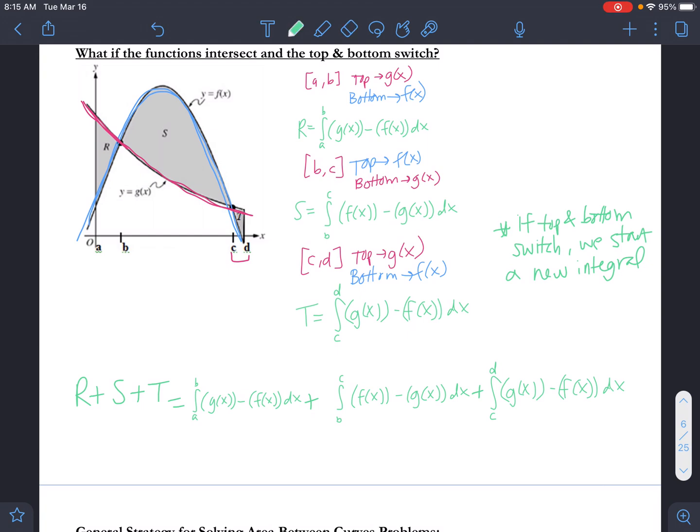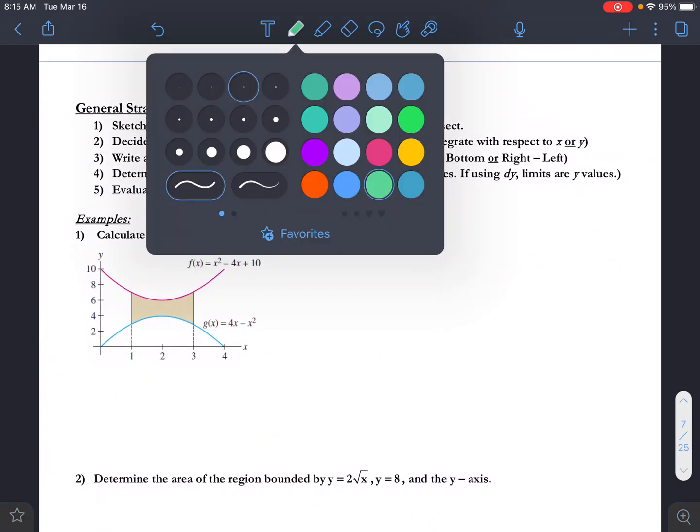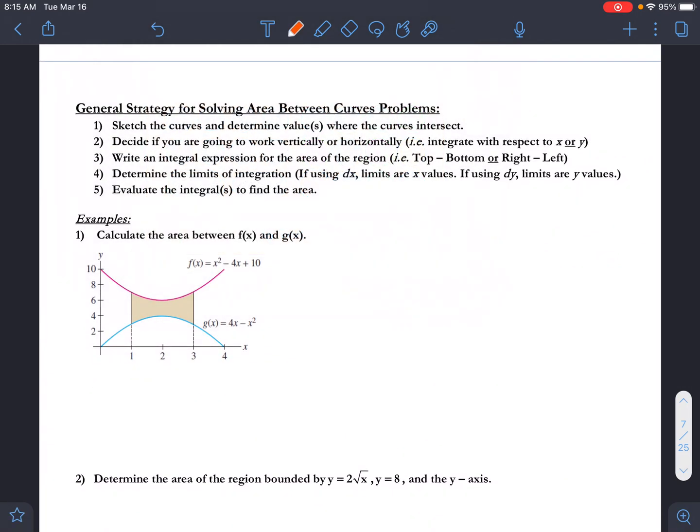One other thing I want you to notice, we used x values to separate and to have those limits of integration. We also always said dx. We're also using functions with x in it. So again, this is with respect to x, as we're doing top minus bottom. So take a look here, we've got some actual areas, actual functions.